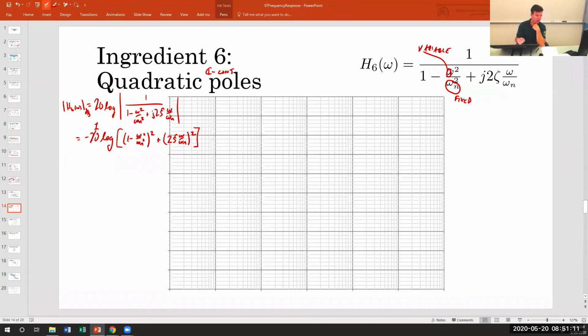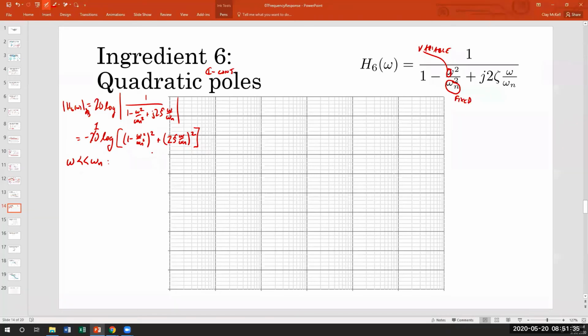We can do the low frequency, the high frequency asymptotic analysis. So for omega much, much less than omega n, this magnitude is dominated by, well, you tell me. What term inside the log dominates when omega gets much smaller than omega n? 1.